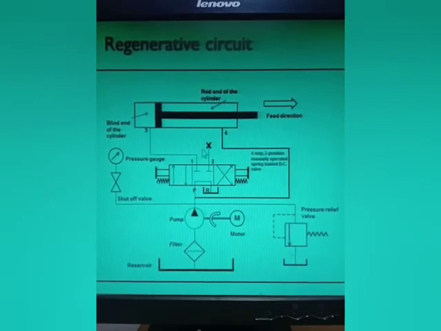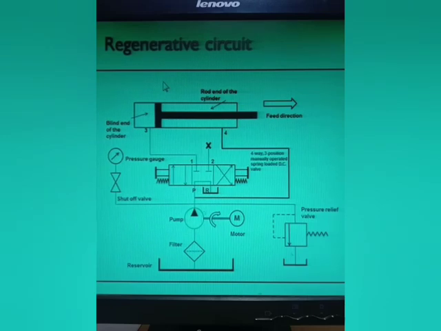In this regenerative hydraulic circuit, suppose the feed direction, or the forward direction, of the actuator is taking place. We want to increase the speed of this forward direction, so we want to make it faster.